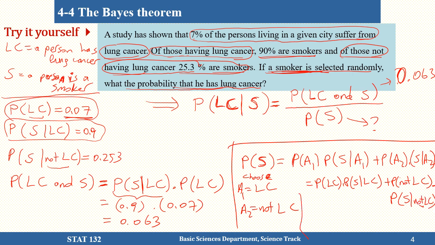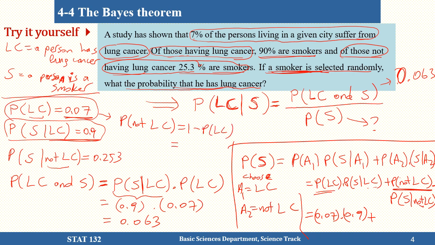Now, do we know them? The probability of LC is 0.07, and the probability of S given LC is 0.9, plus the probability that the person does not have lung cancer. The probability of not LC is 1 minus the probability of LC, so 1 minus 0.07, which is 0.93.